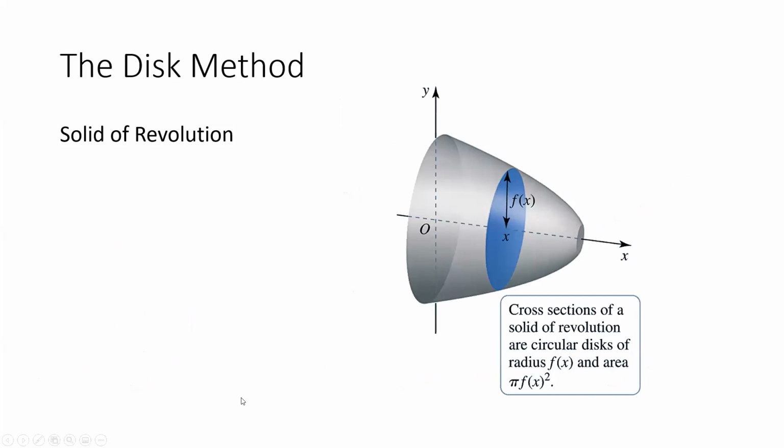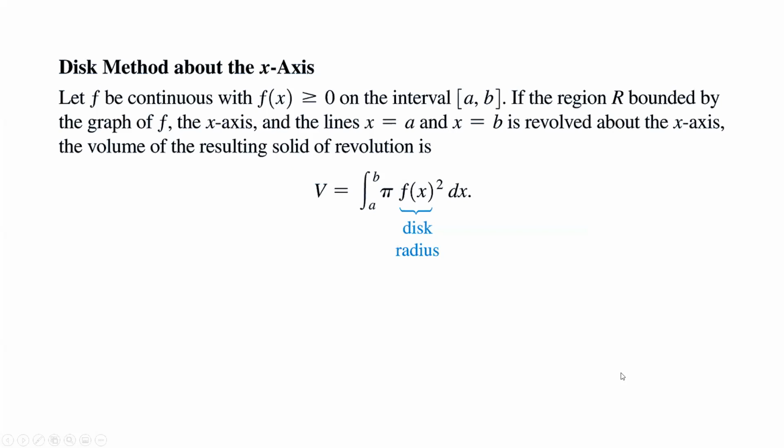Here's the same picture. We've got this cross section that's a circle, a disk. We know the area is pi f of x squared, and so integrating that, we get the disk method.